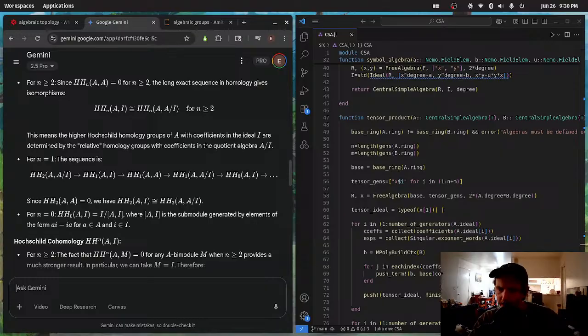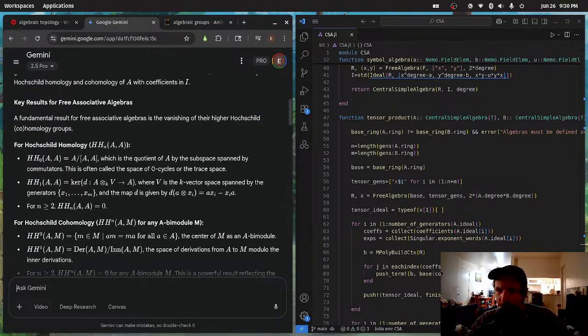But we do have that HH1 of (A, I) and HH2 of A mod I are related. So HH2 of A mod I embeds into HH1 of (A, I), and that goes to HH1 of (A, A), which Gemini says is this space, the kernel of this D map. We use a K vector space, and we have this differential. That's just whatever it is.